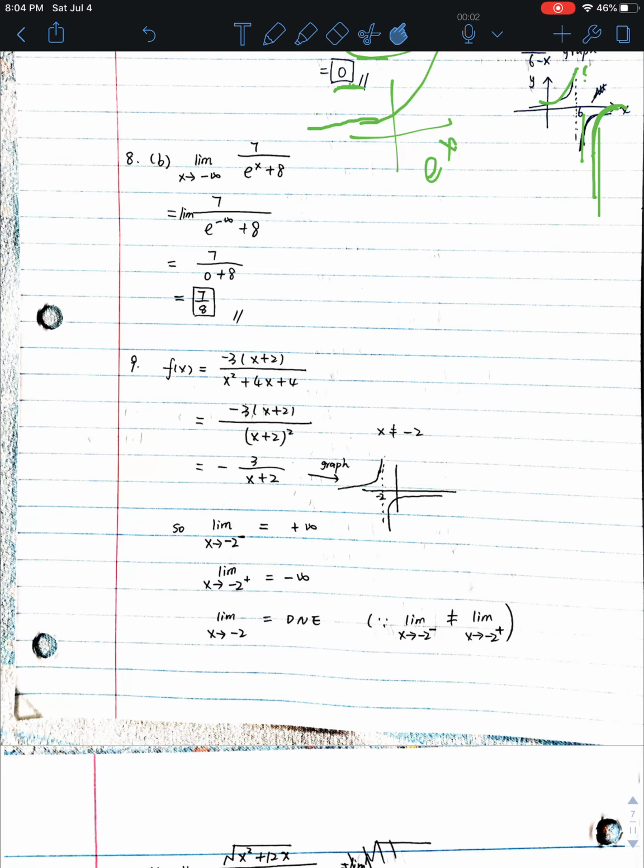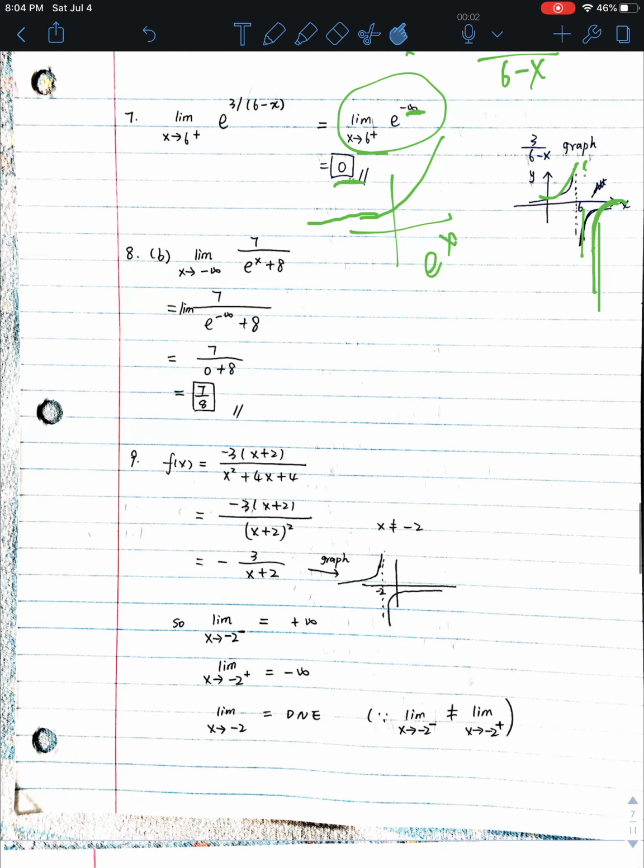And for number 8, part B, the limit as x goes to negative infinity of 7 over e to the power x plus 8. From the graph here, you can memorize this graph of exponential x.